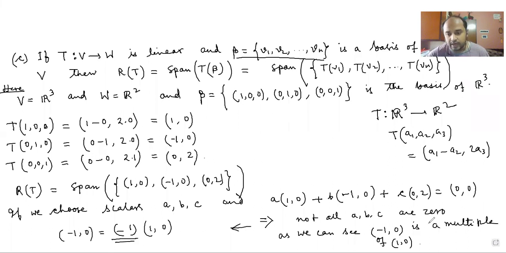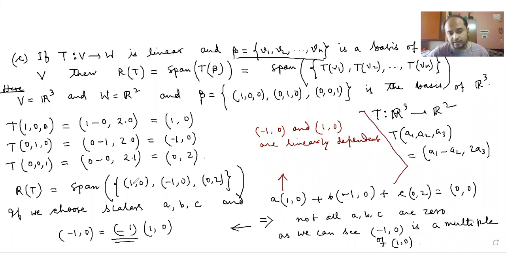So this implies, I'm writing here, probably you are copying, this shows that (1,0) and (−1,0) are linearly dependent. So we can also express (1,0) as −1 times (−1,0), and we can express (−1,0) as −1 times (1,0).